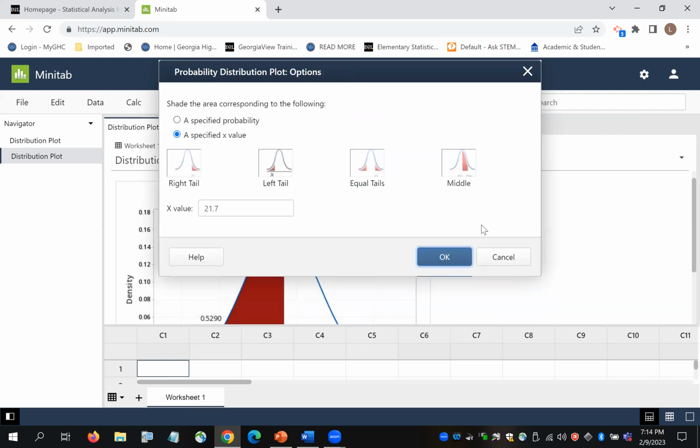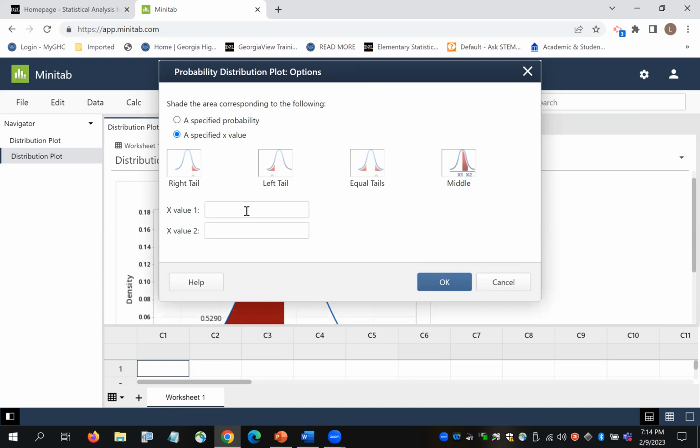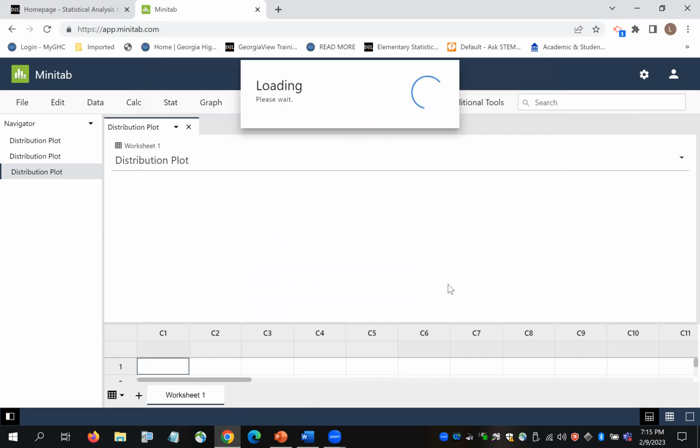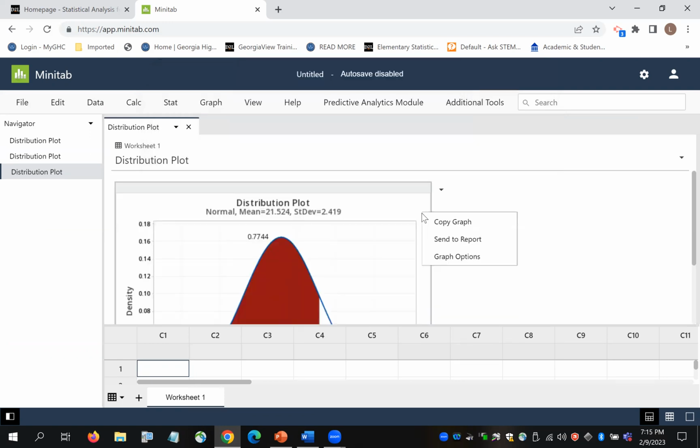Then we go to options. We have middle. And you have to give it the two values. Again, the first value is the smallest, which is 18. The second value is the highest, which is 24. I click OK. I click OK again, and I get the graph.